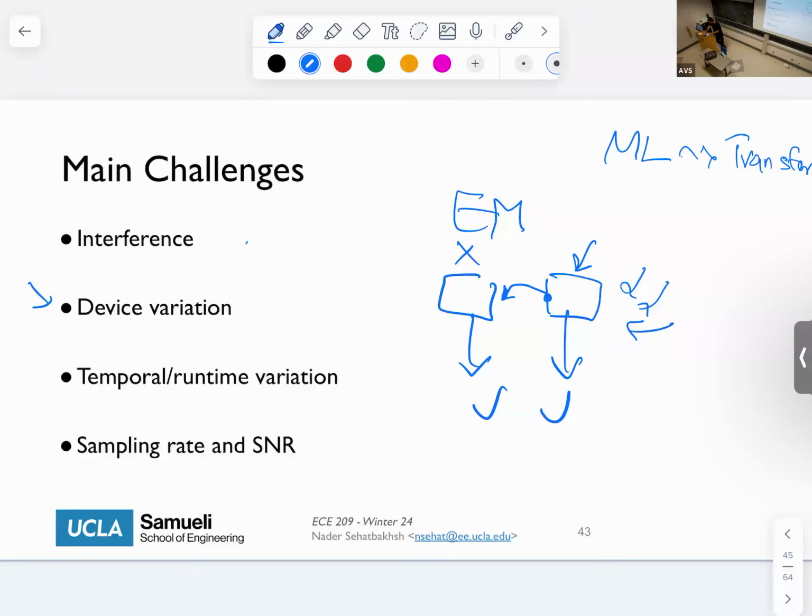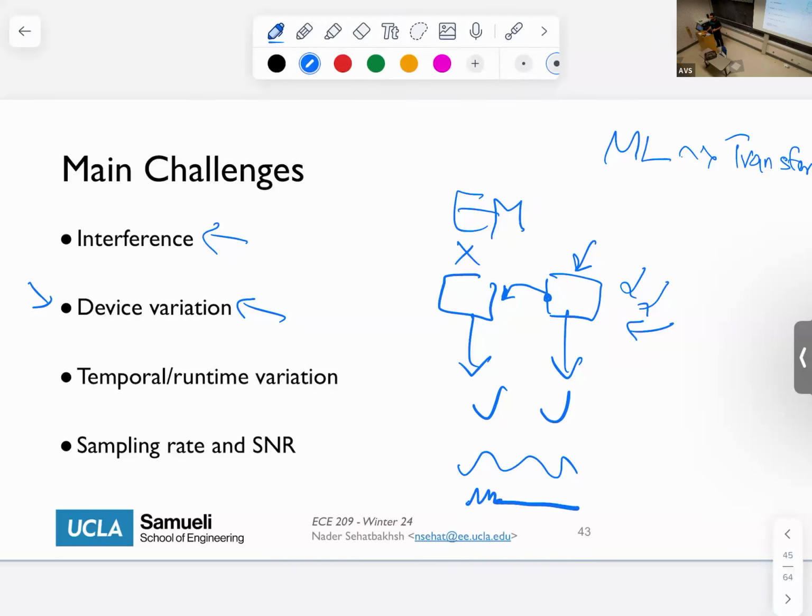Not only will there be interference and device variations, there will also be temporal or runtime variations. For example, for a very short period of time, there might be some other interference, like somebody comes into the room with a very strong radio frequency source of interference. So it's not like I always see this interference. Sometimes I might see it, sometimes I might not.